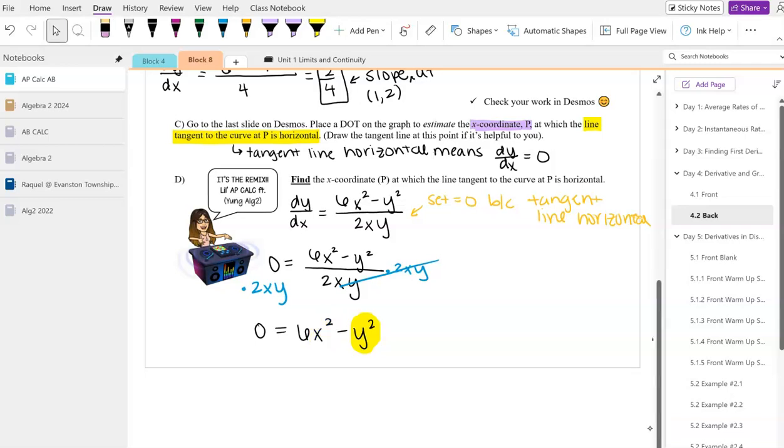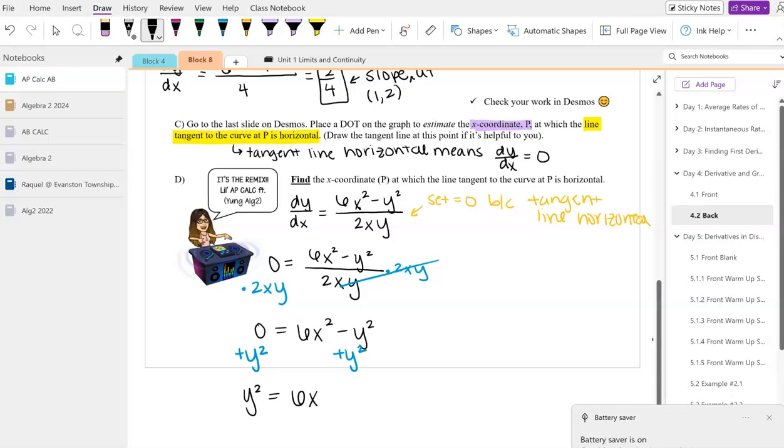I'll show you why in just a moment. Let's isolate y squared. I'm just going to do that by adding y squared on both sides of my equal sign. So I end up with y squared equals 6x squared. I've isolated y squared.